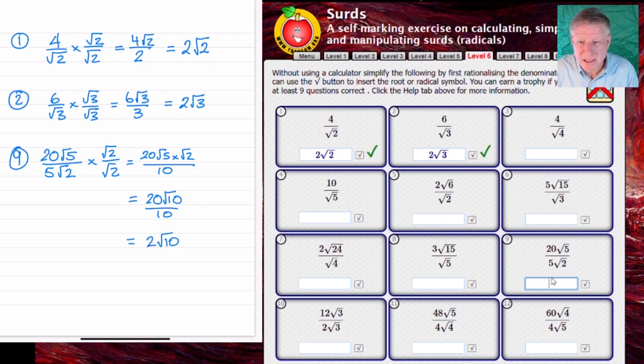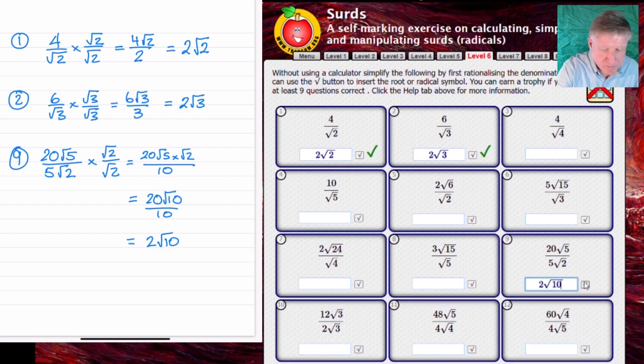So I think that's the simplest solution to question number 9, 2 root 10. Let's have a go. Yes, correct. Okay, have a go at level 6, and then come back here for level 7.